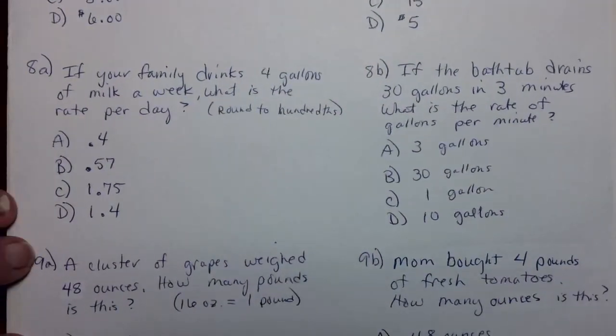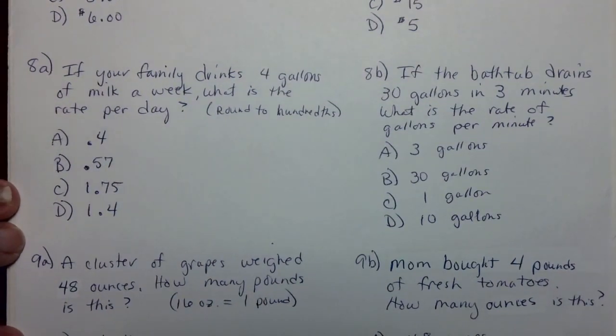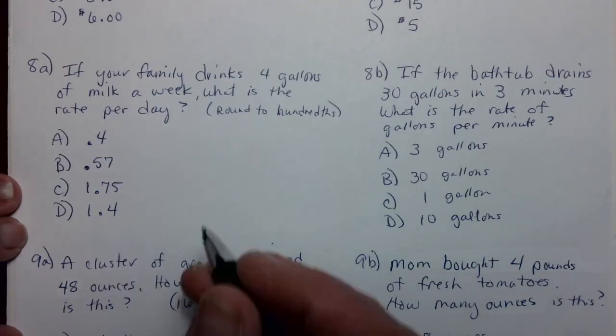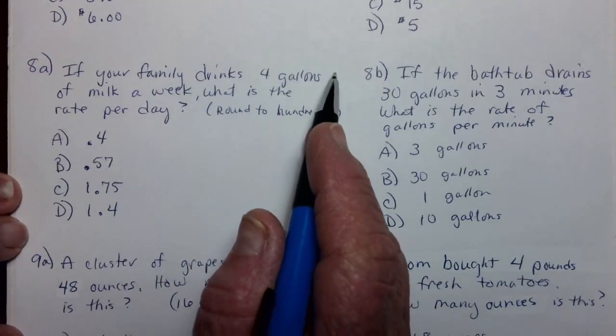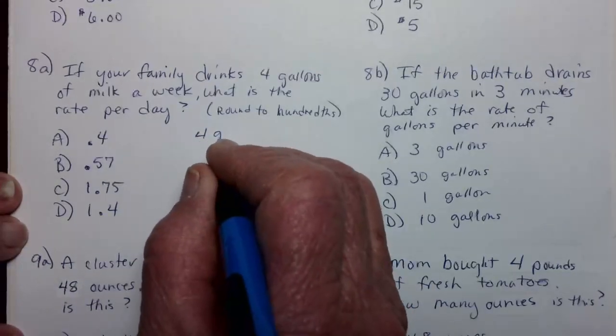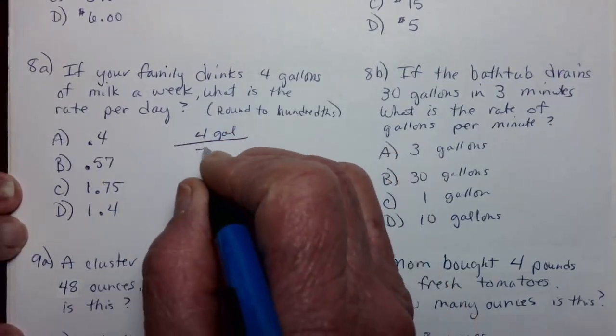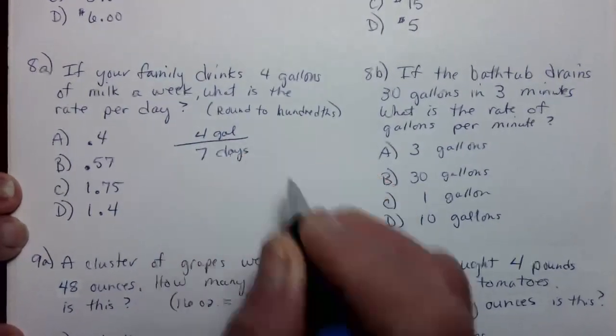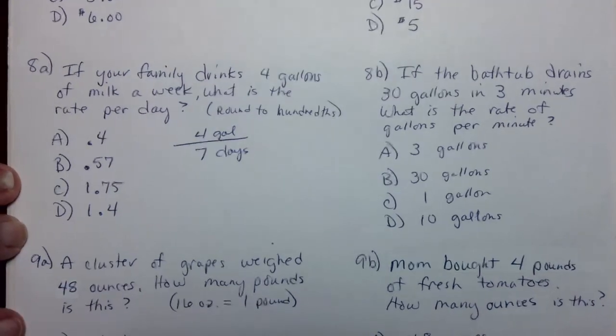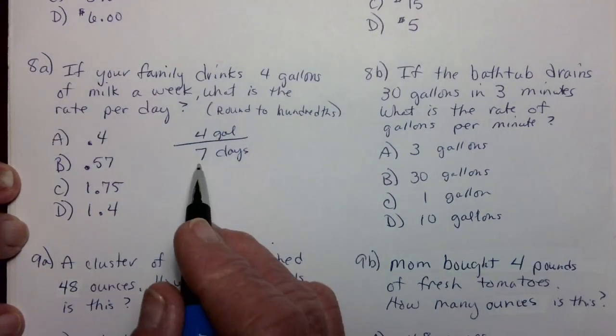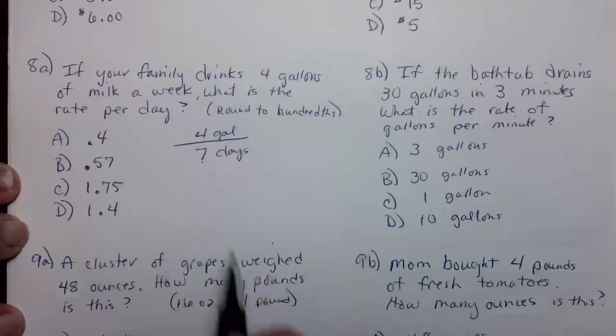Number 8. If your family drinks 4 gallons of milk a week, what is the rate per day? 4 gallons a week, so that's 4 gallons every 7 days. You do know there's 7 days in a week. So if I want to turn that into 1 day, I just divide. So what is 4 divided by 7?